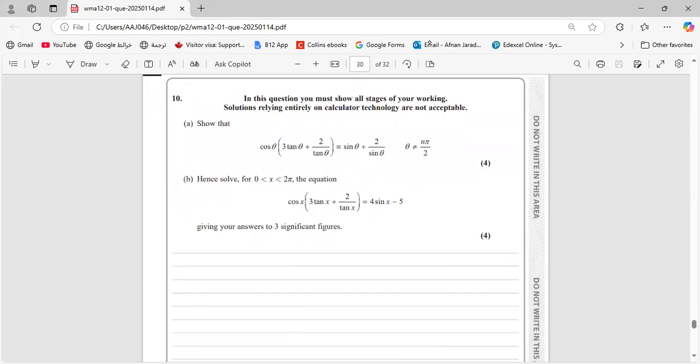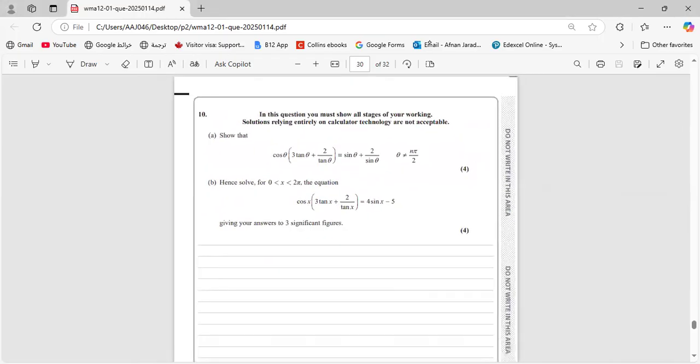Show that cosine multiplied by 3 tan plus 2 over tan theta equals this one. In Pure Mathematics 2, you only have two identities. The first one is tan theta equals sine theta over cosine theta. The second one is sine squared theta plus cosine squared theta equals 1.